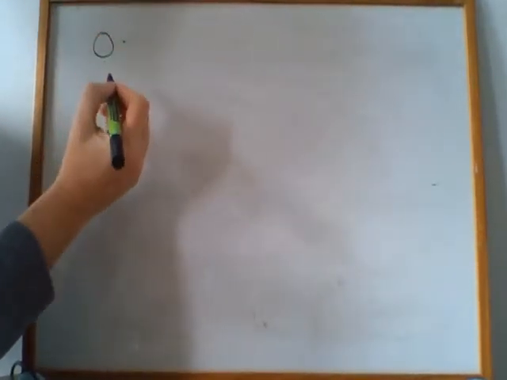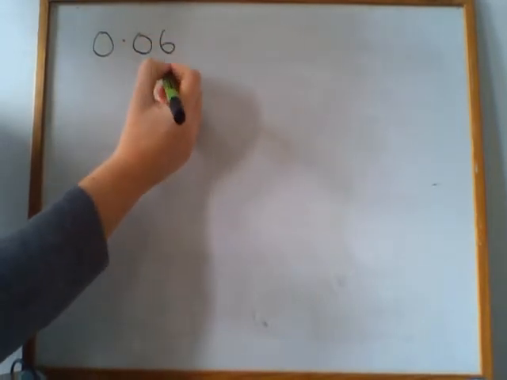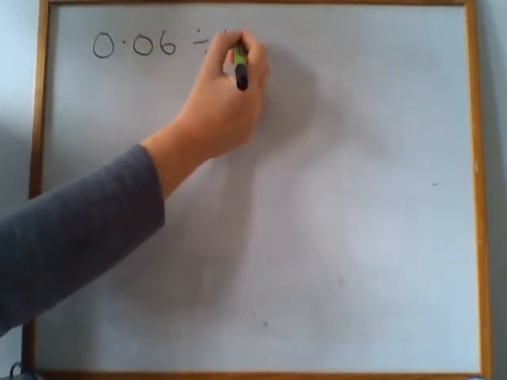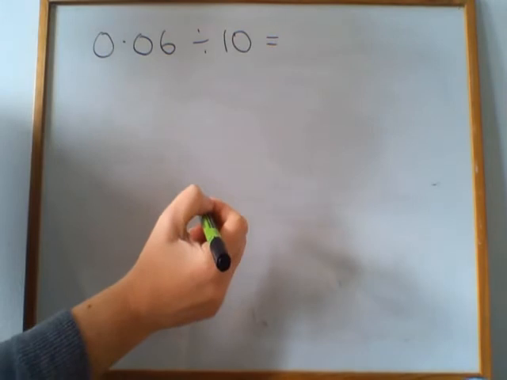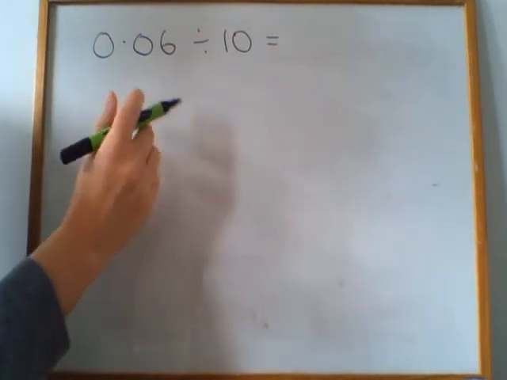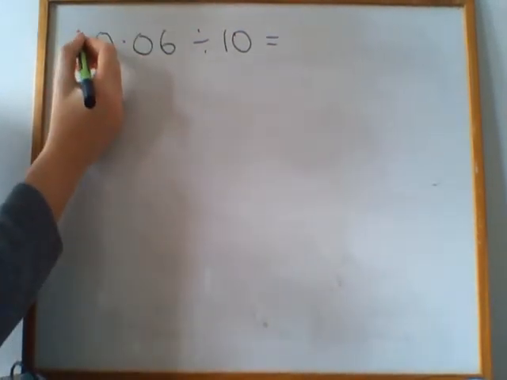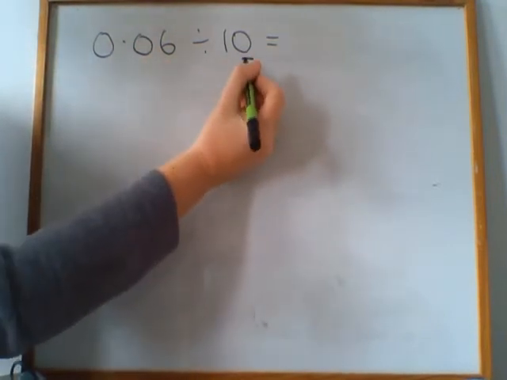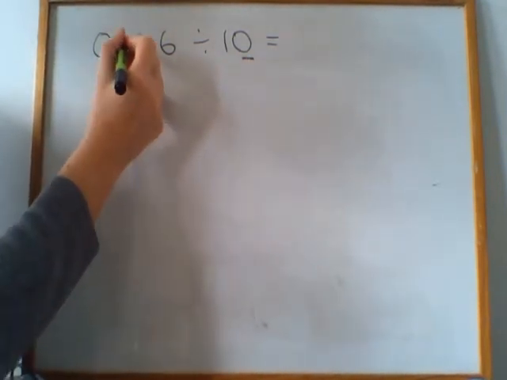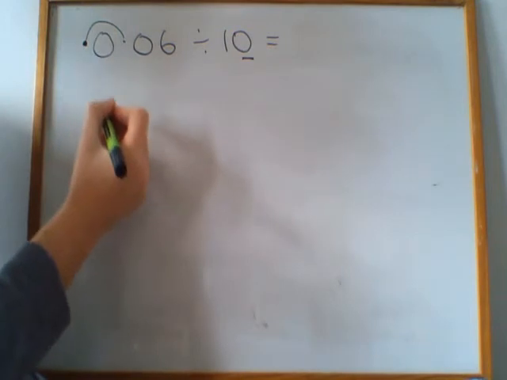Number 2 is similar, but this time we're dividing. We've got 0.06 divided by 10 this time. So we know it's dividing, so our number's going to get smaller. So this time our decimal point will move to the left. We've got one placeholder, so our decimal point is here, and it will move now to here.